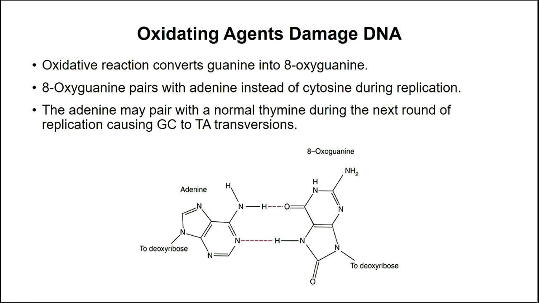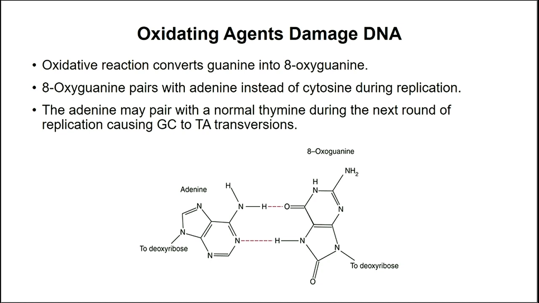So this adenine can now pair with thymine during the next round of replication. That takes 2 rounds of replication: the oxyguanine pairs with adenine, then we replicate it again and now adenine's pairing with thymine. So that's going to create a GC to TA transversion.